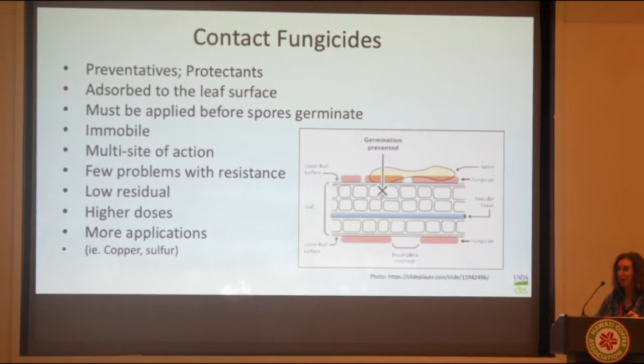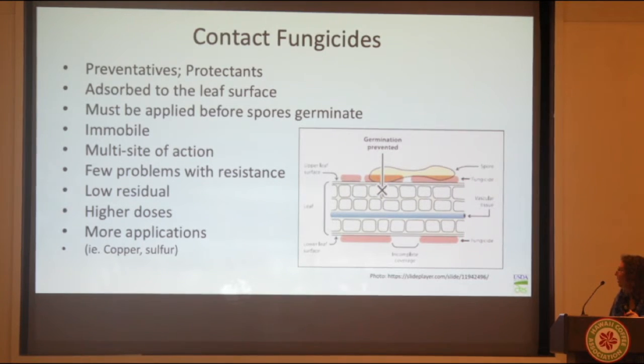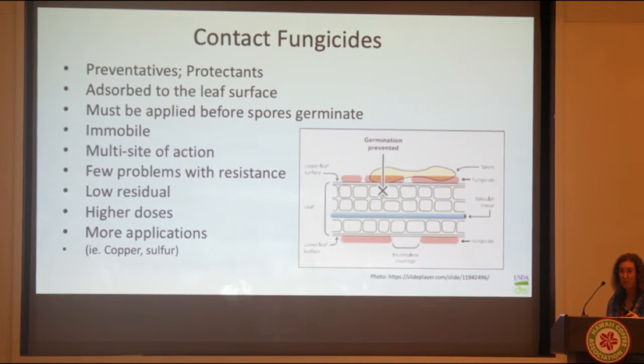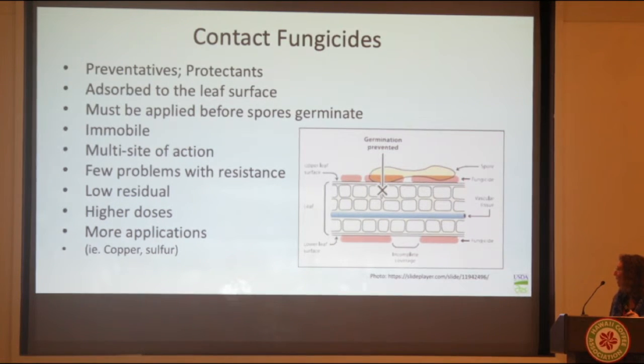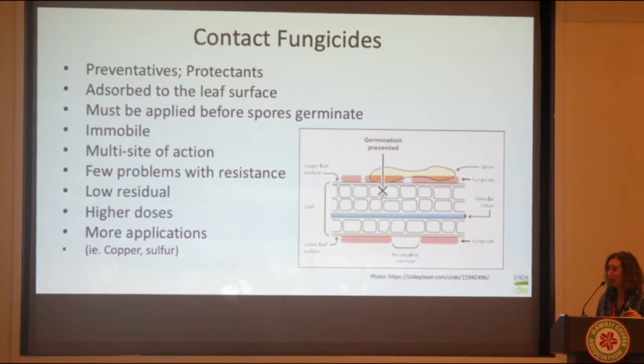Where you spray them, there they are. They're not moving through the leaf material. There typically are few problems with resistance for these types of products, but they have a low residual. Typically higher doses are needed and more applications.